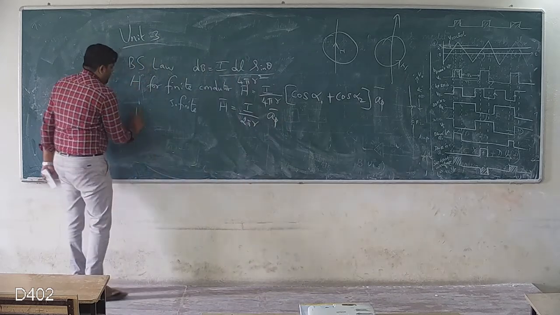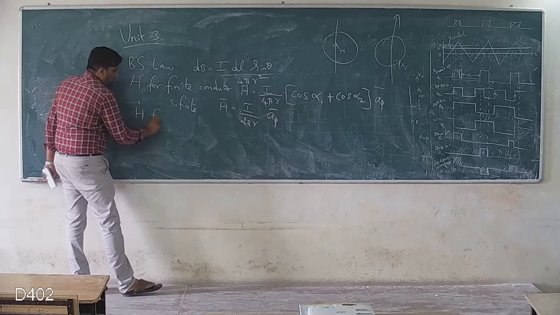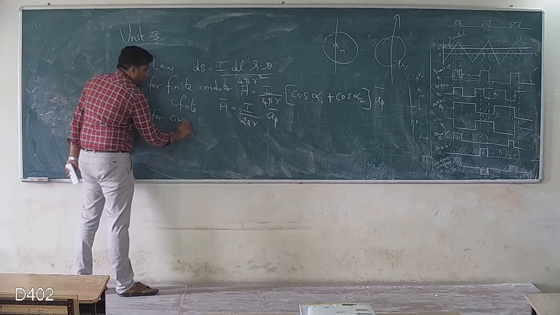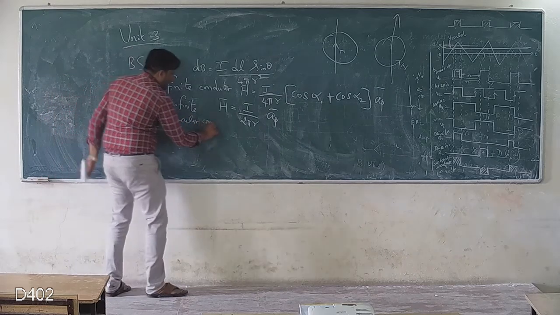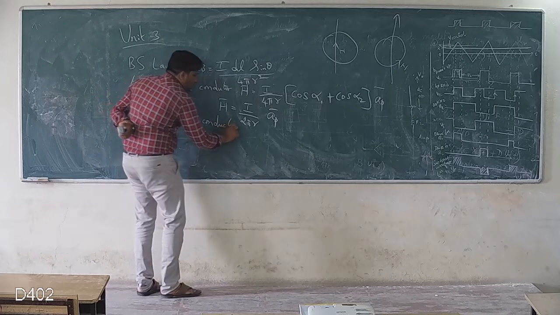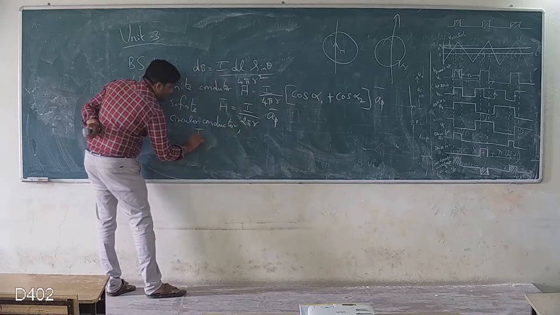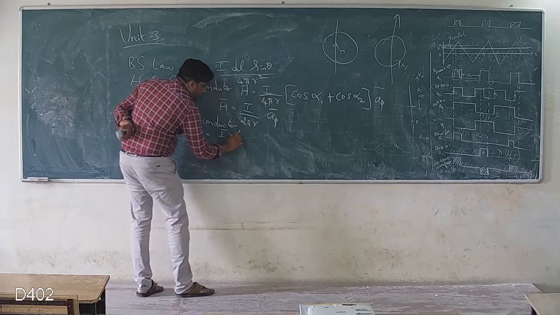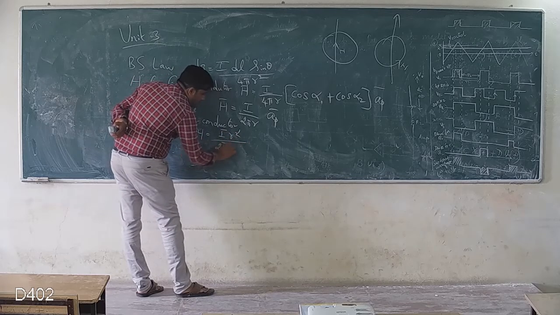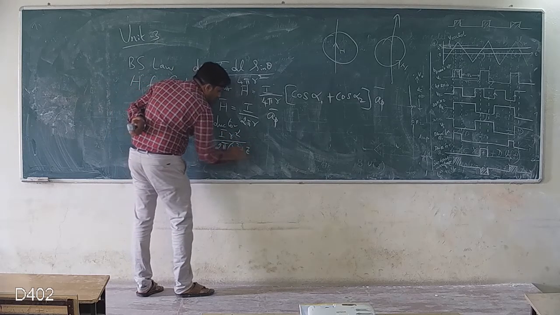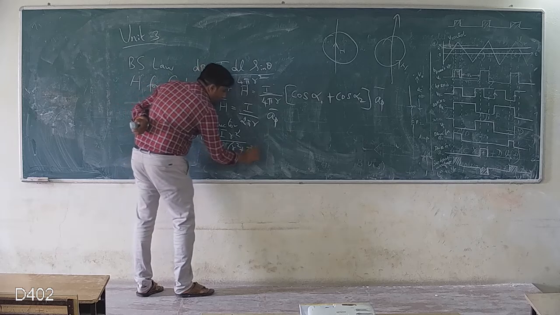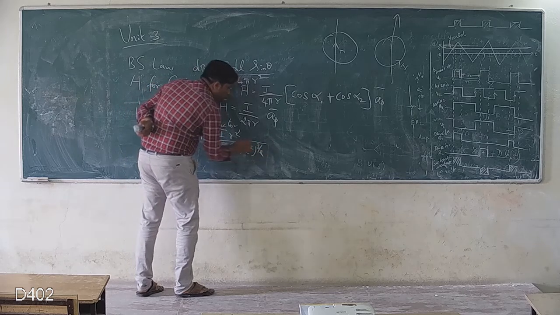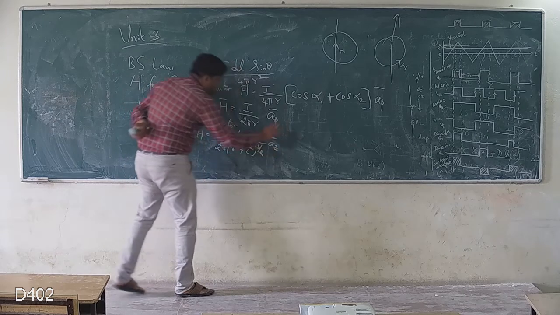In the third set of problems, H vector for a circular conductor. If I take a circular conductor, then I have two formulas. H vector is equal to I r square divided by 2 times r square plus z square power 3 by 2 is one formula.